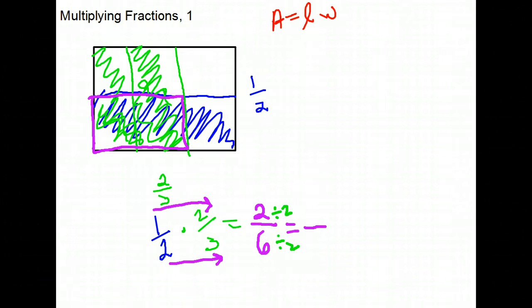Remember, that's dividing by a factor of 1. And when I divide, 2 divided by 2 is 1, and 6 divided by 2 is 3. So effectively, multiplying the two numbers 1/2 times 2/3 is 1/3.